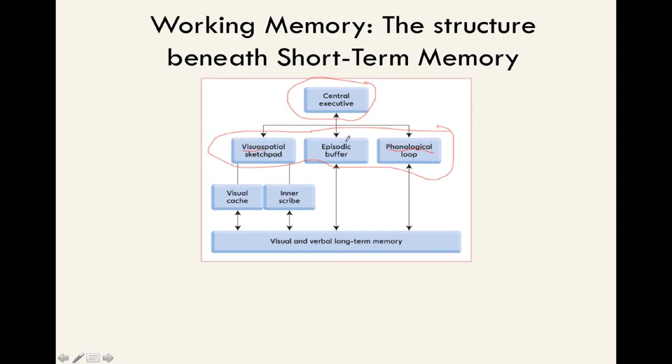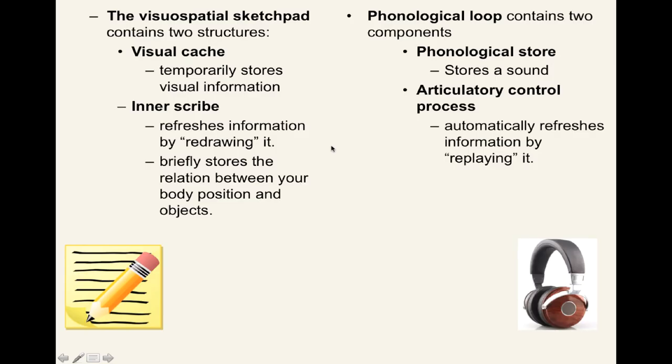So let's take a look at these guys. And we're going to, in particular, focus on the visual spatial sketchpad and the phonological loop. We can see here on the left that the visual spatial sketchpad has two components, the part that stores visual information. If I look at something like a car that drives past, I can keep it in memory a little bit. So it's going to store information like that.